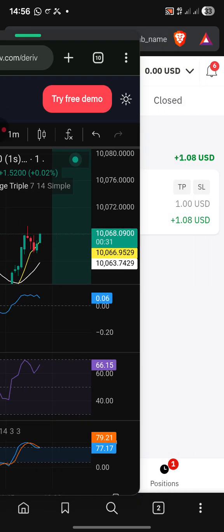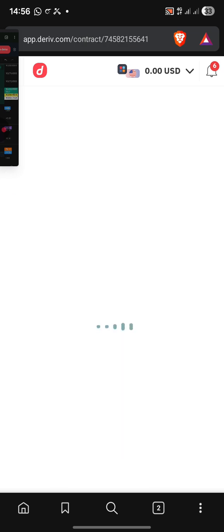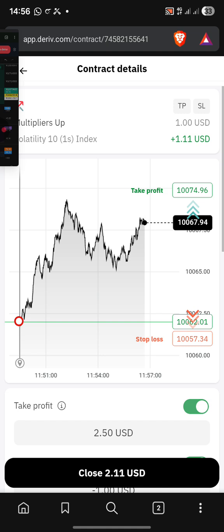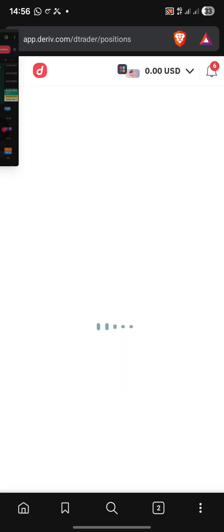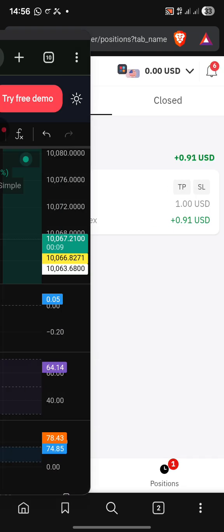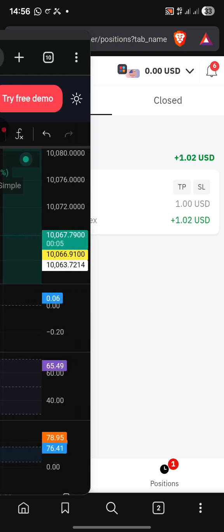Just to see how we analyze the market, and already we have a profit of 1.414. Just imagine how multipliers can give you a lot of money. You can see the market is still moving, pushing hard, and confirmation is the better way. You just come and confirm the market, the way the market is moving.